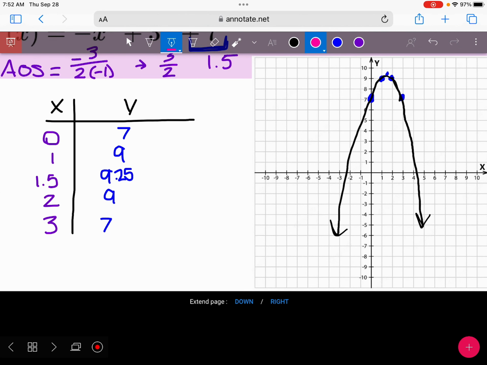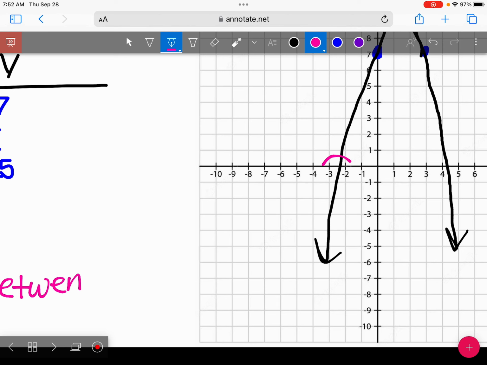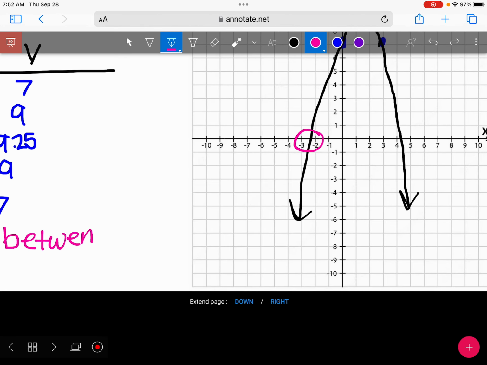We're going to say that we have a solution between, so here it's going to be between x equals -2 and x equals -3.